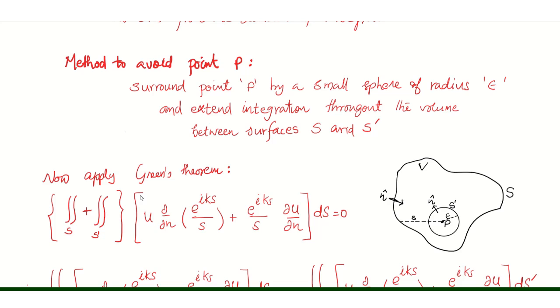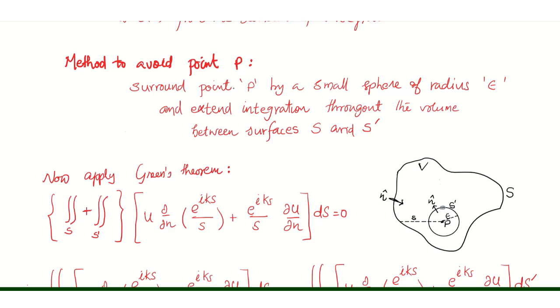Here you have two regions now, one inside this small volume and the other outside it but within the surface S. What we are going to do is to minimize this volume as much as possible, or minimize the contributions from this small surface, and get a more or less accurate result.